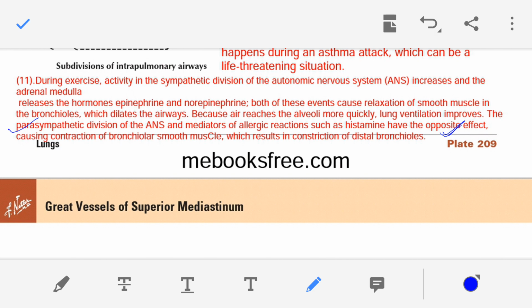These cause the contraction of the bronchiole smooth muscle, so the air passage is blocked. Very little oxygen can enter the alveoli, and there is less exchange of O2 and CO2 between the alveoli and the blood capillary. So this condition is also very critical and dangerous.